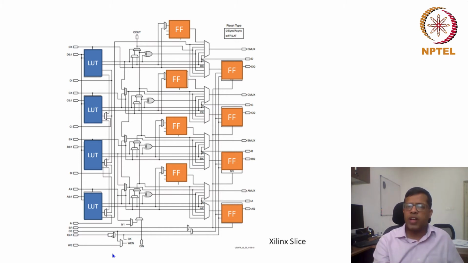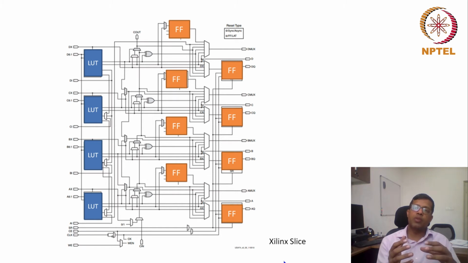Similarly, if the output is not latched, then all these 8 flip-flops will also not be used. But that's the idea of a logic block: there could be circuitry which will not be used, but we would like to have some circuitry which is fast enough when it is configured for that logic.